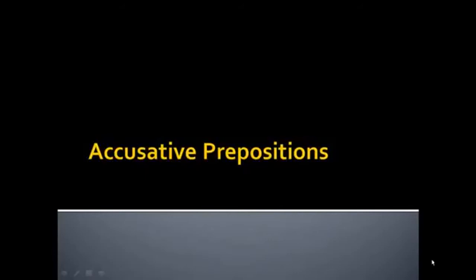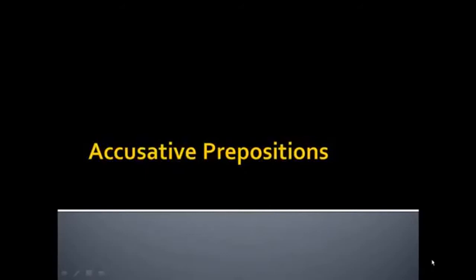Certain prepositions will force nouns, definite articles, and indefinite articles into an accusative environment, and they will be declined as accusative objects. From there, we're going to look at some examples before we end with an overview of the accusative prepositions themselves.